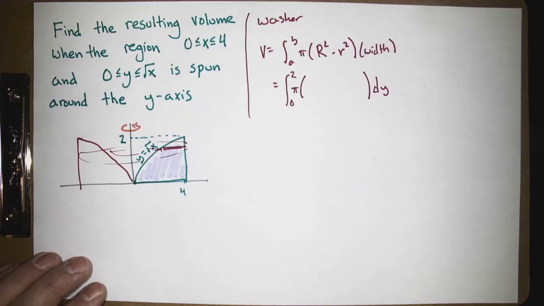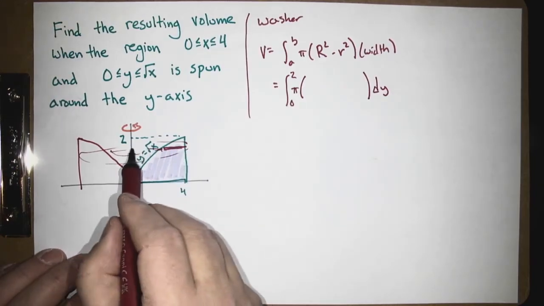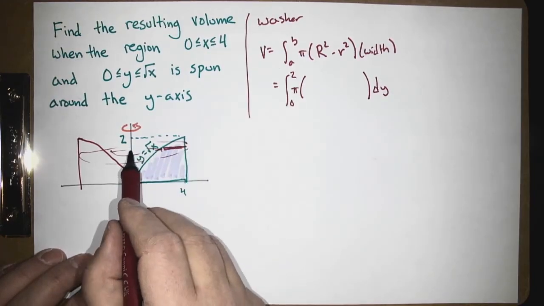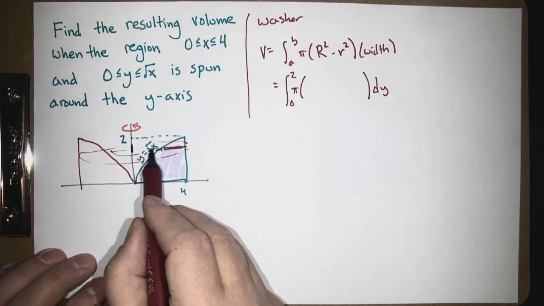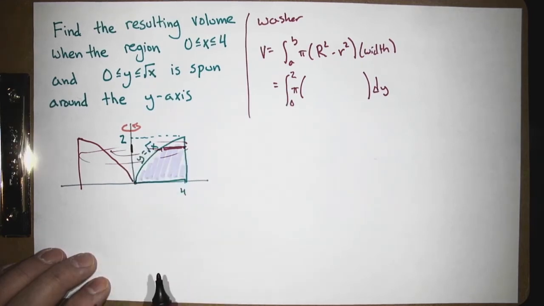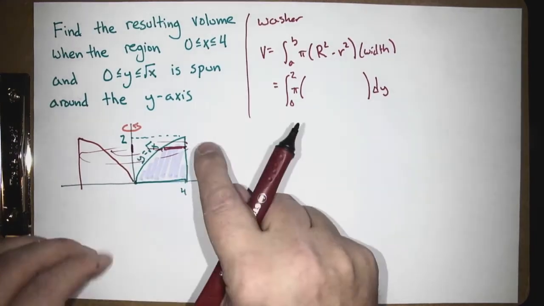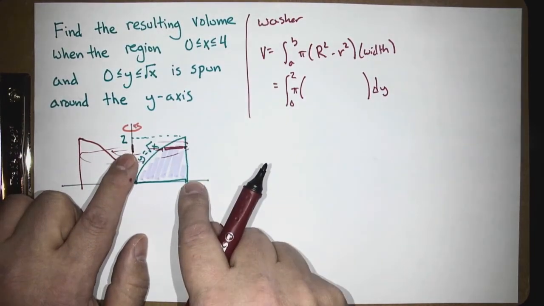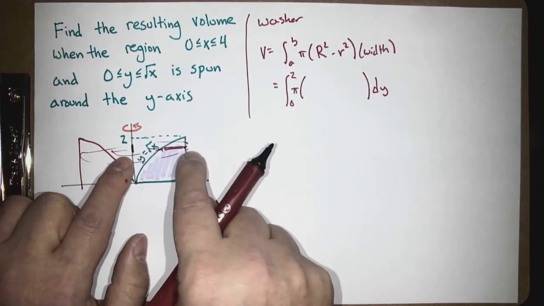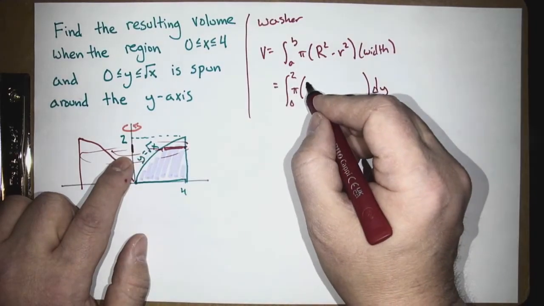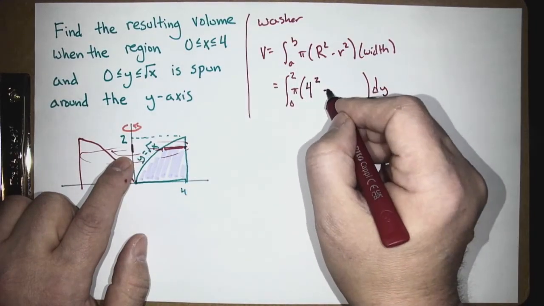Okay, what's our big radius? We're going from where we spin to the furthest one out. The big radius is 4. That's the furthest thing out, so 4 squared.